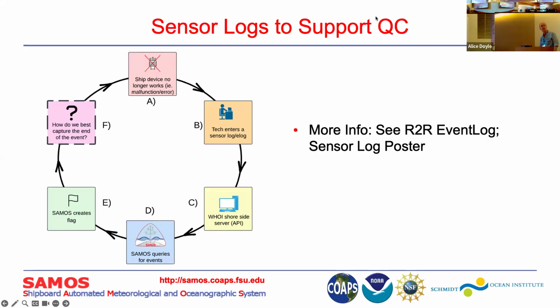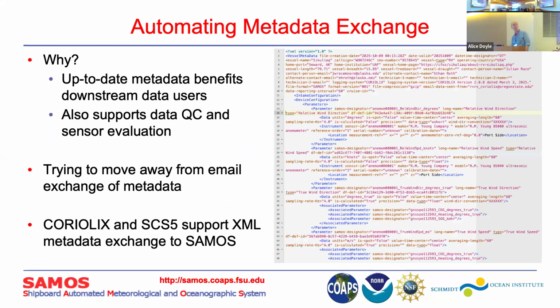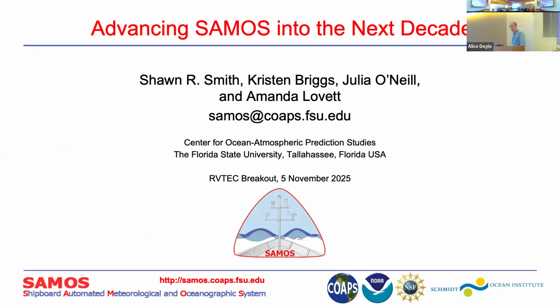Basically, we've been doing this for over 20 years now. We're looking to advance the SAMOS system, the quality control we do, and the way we process the data, to modernize it and do more automation.